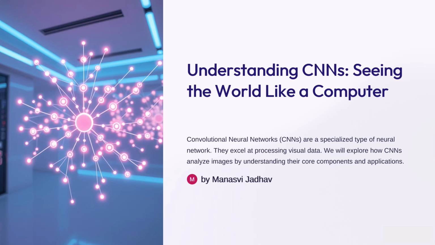So, a CNN is a kind of artificial neural network, but it's designed especially for visual data like images. Think of how your eyes work. When you look at a dog, your brain doesn't just see the whole dog instantly.